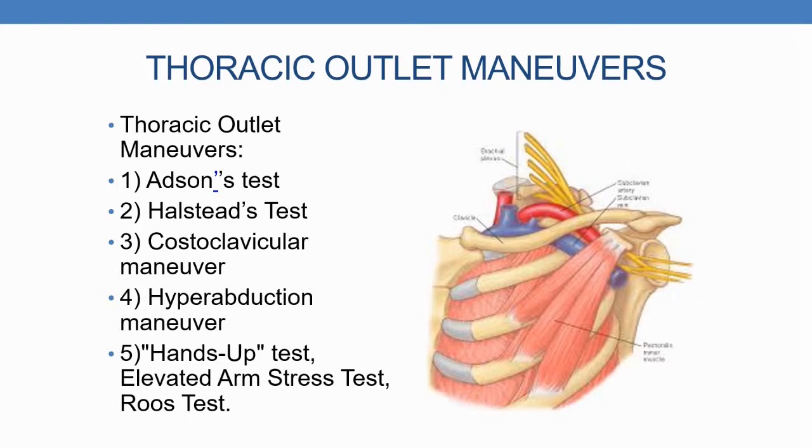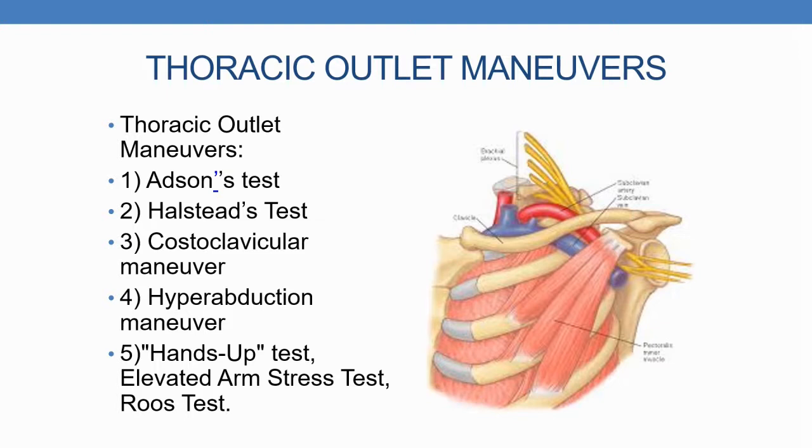Now, examination maneuvers that we will use to confirm or rule out the presence of thoracic outlet syndrome include the Adson's test, the Halsted's test, the costoclavicular maneuver, the hyperabduction maneuver, and the hands-up test, also known as the elevated arm stress test, also known as the Roos test.